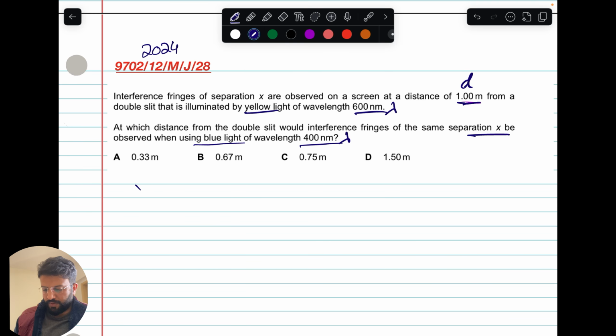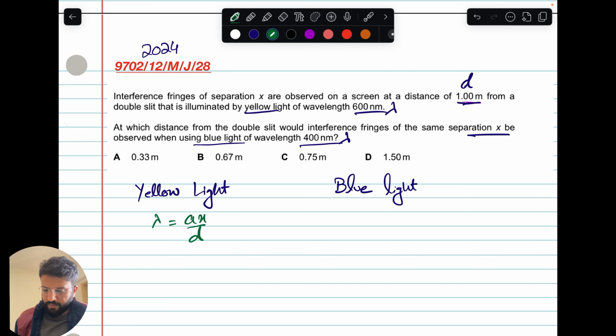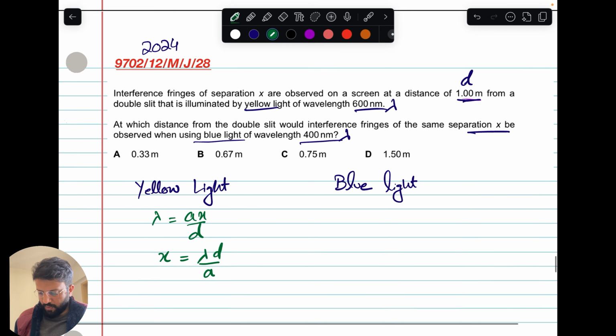So we have two things: the yellow light case and the blue light scenario. The relation is the same: lambda is equal to ax over d. When you rearrange this, x is equal to lambda d over a.